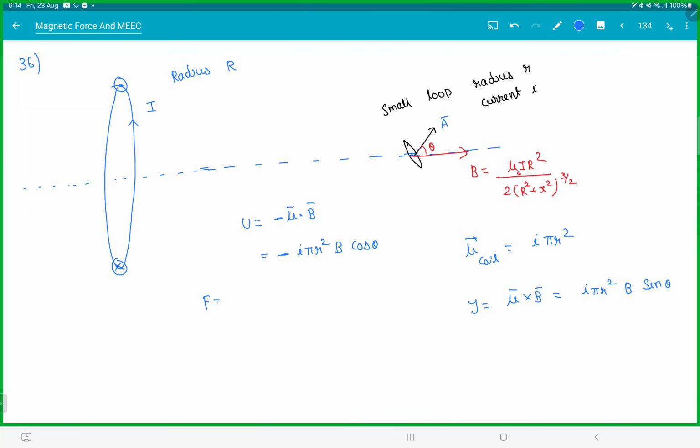So force is nothing but minus dU by dx. So this would be I into pi r square cos theta. All these are constant. The only thing that is changing is your magnetic field with respect to x. Differentiate dB by dx and substitute, you'll get the answer. It's not a tough question, but that idea should click, that I can take potential energy and differentiate.